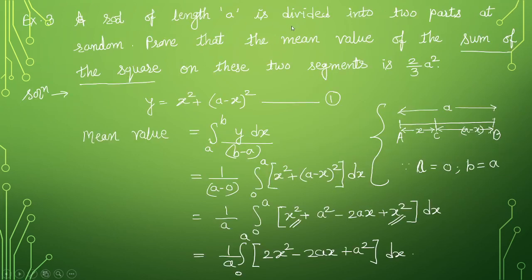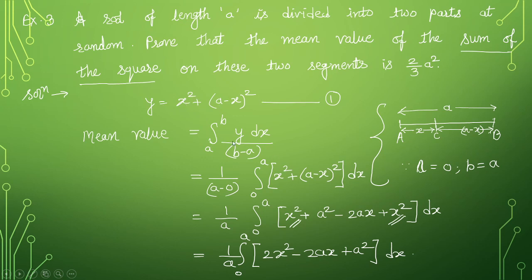Now a rod of length A is divided into two parts at random. Then prove that the mean value of the sum of the squares of these two segments is 2 by 3 A square. Now we consider AB, the length of the rod, which is A. Now we divide this rod into two parts at C. That means the first part AC we consider as X, and the remaining part CB is A minus X. Therefore, here y equals the sum of the squares of these two segments, that means X square plus A minus X whole square.